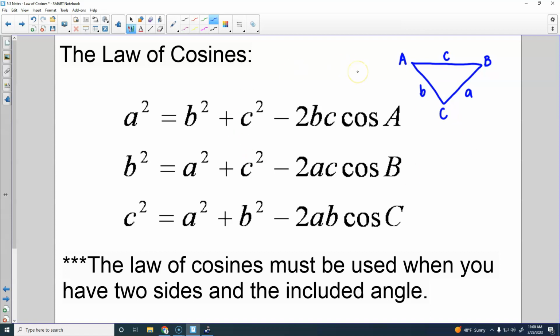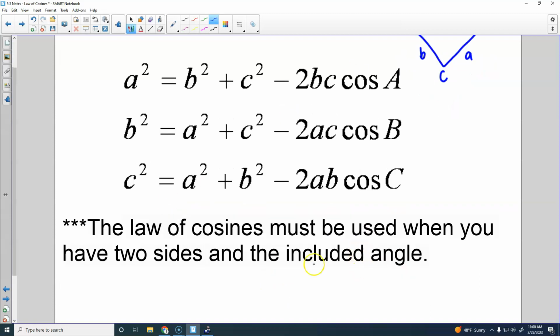So usually students are pretty good at remembering this, even though it looks like a complicated formula. And one of the most wonderful things about the law of cosines is that there is no ambiguous case for the law of cosines. Cosines must be used when you have two sides and the included angle. So that is going to look like this.